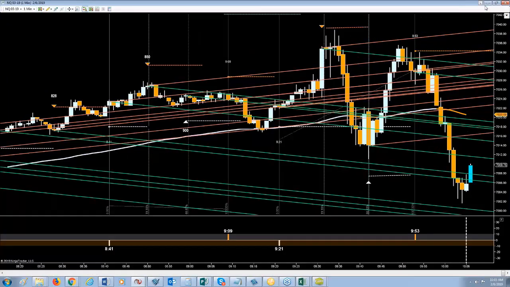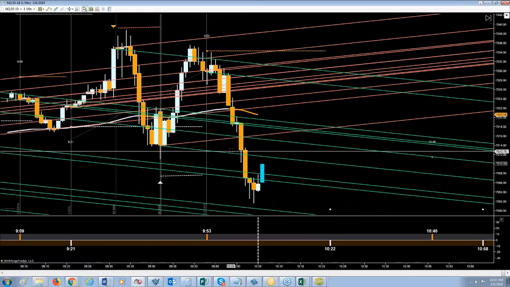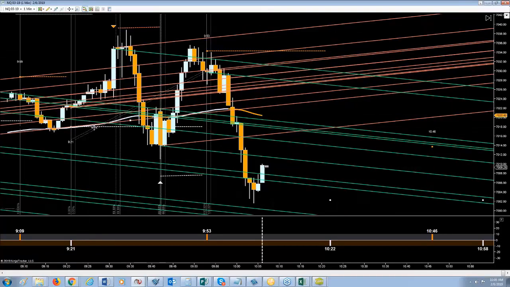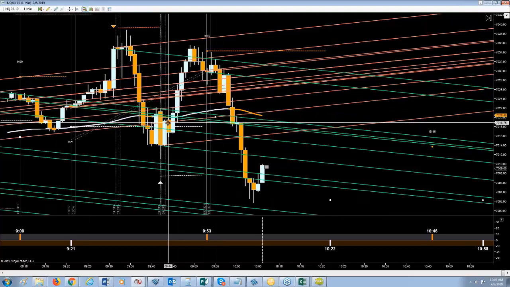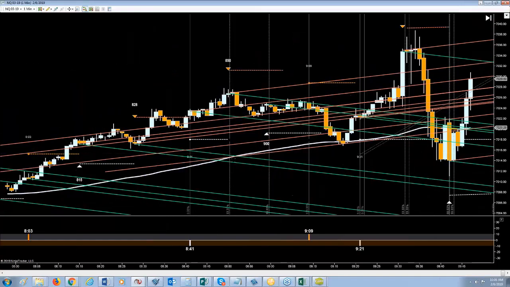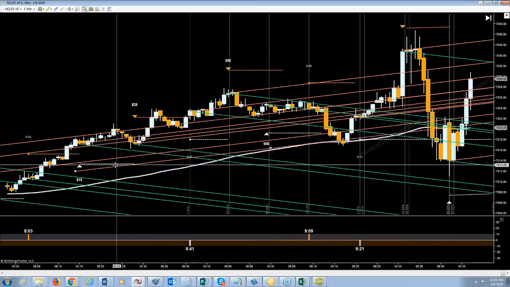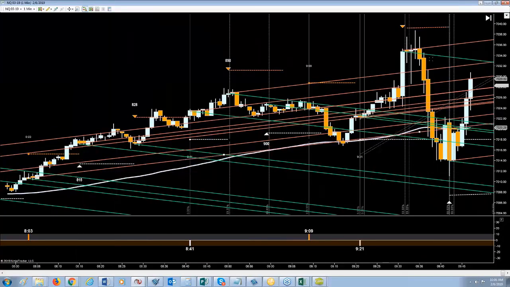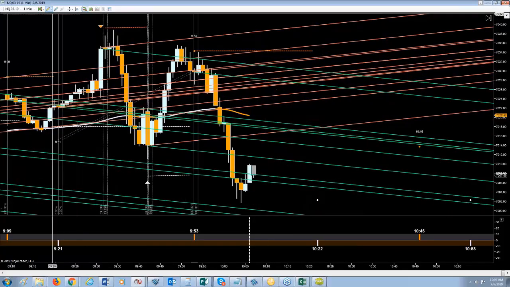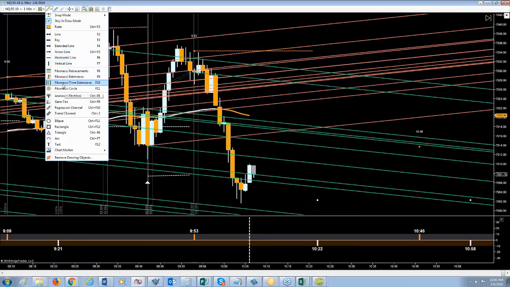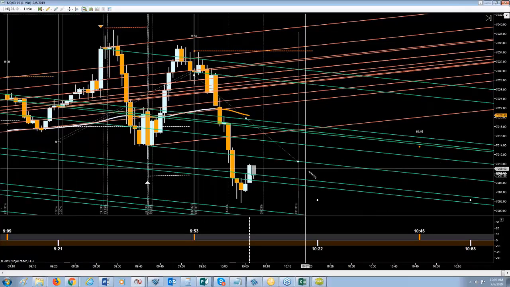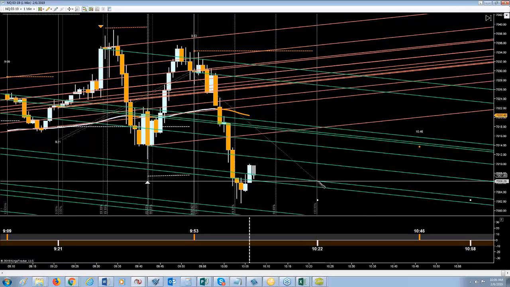On the NQ, the next split, forgive me for not getting on board with that. I don't know what happened with that line. Where does that line go? Over here. The next split is right here.